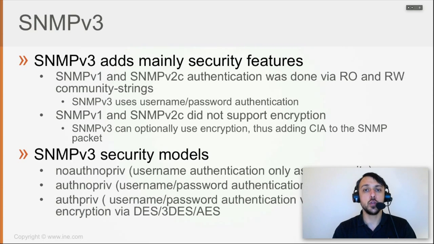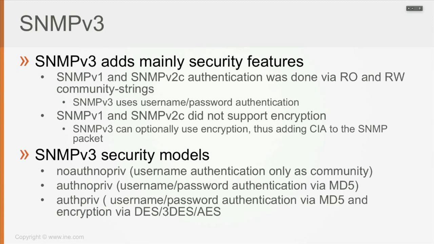Let's say you want to run SNMP version 3 only in the network, but your SNMP manager doesn't support authentication and encryption with the newest methods of SNMP version 3. Then you can use SNMP version 3 in noAuthNoPriv mode, which is pretty much like using community string authentication, sent in clear text in the packet. So clearly this is not something that you would want to implement in a production network.